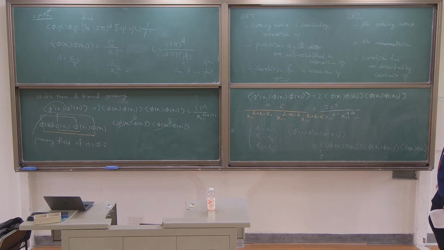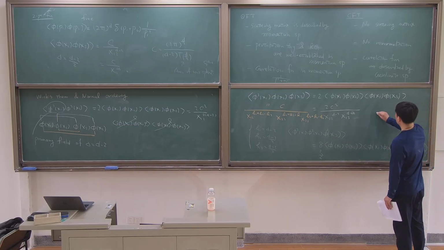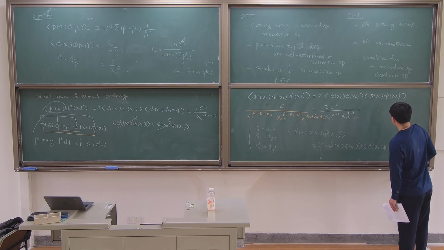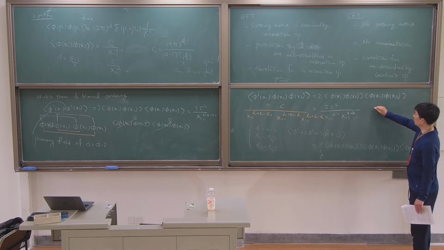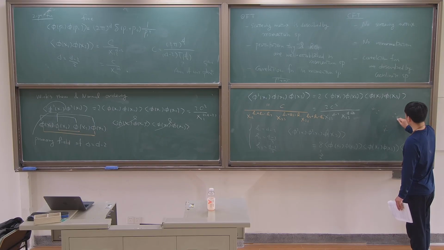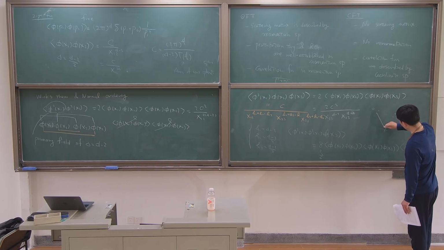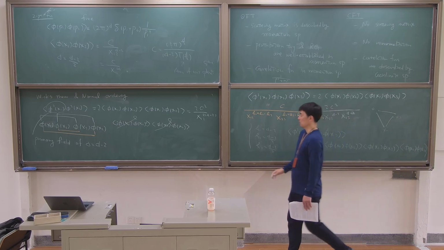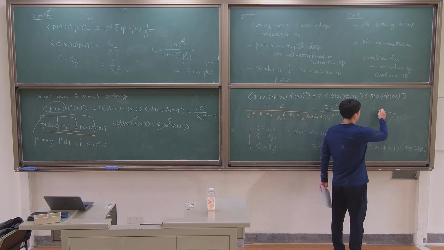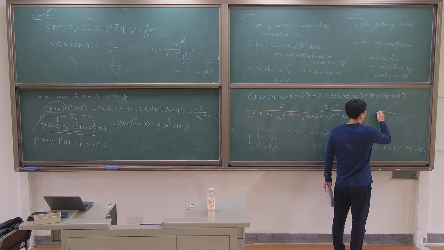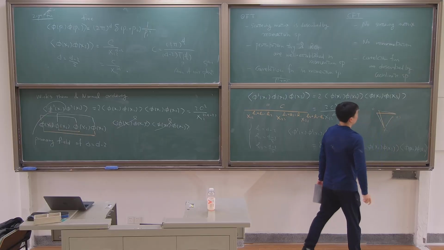Essentially you have x1, x2, x3, and then you just put them together in this way, or this way, and so on.